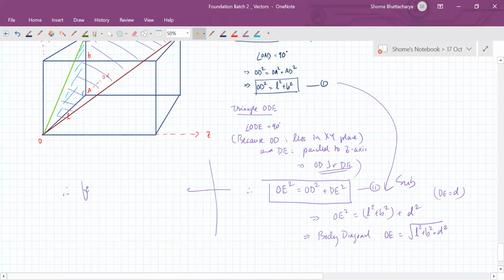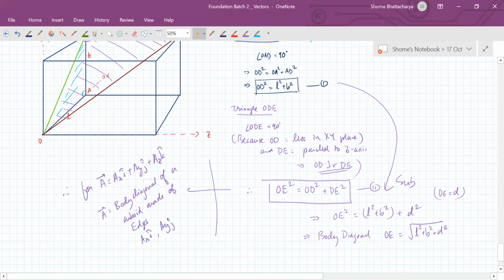Okay, so that is why, therefore, for a vector Ax i cap plus Ay j cap plus Az k cap, the vector A is nothing but the body diagonal of a cuboid made of edges Ax i cap, Ay j cap, and Az k cap.